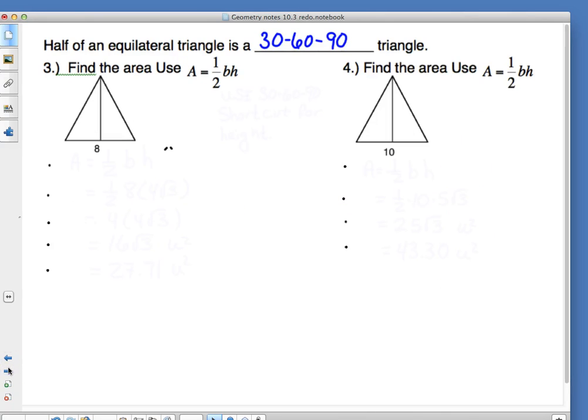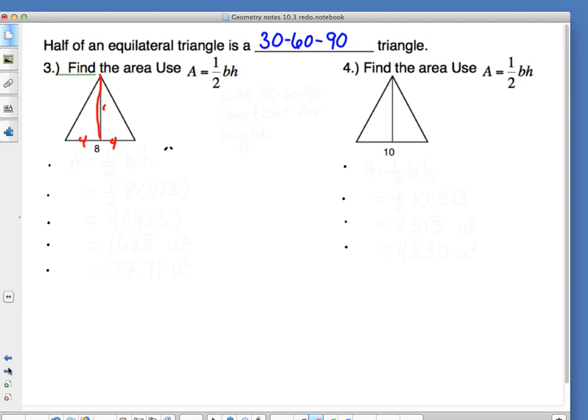Sliding on. Now, remember I talked about 1/2 base times height. Okay, I want you to see this too, because I'm not saying you must use this. I mean, there are times it'll open itself up that you're going to use 1/2 base times height. It'll be easier. Okay, how do I go about doing it? First, I got to remember that if I'm going to cut this in half, okay, it's a 30, 60, 90. Half of 8's 4. That's my short side.